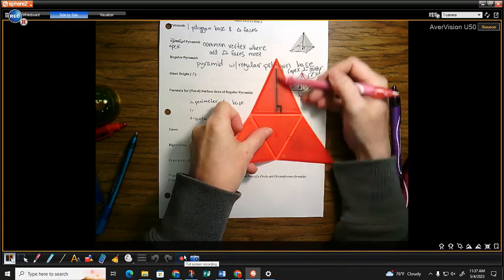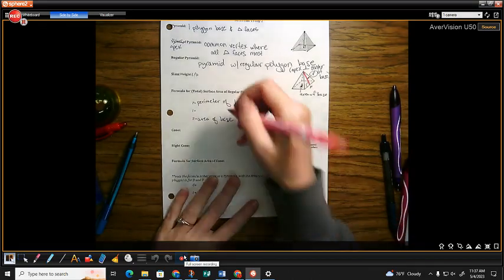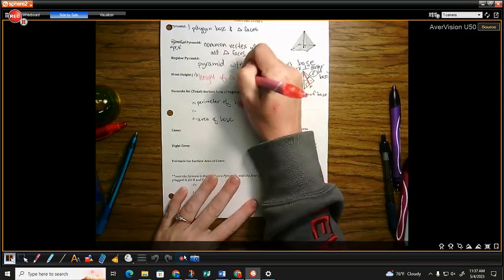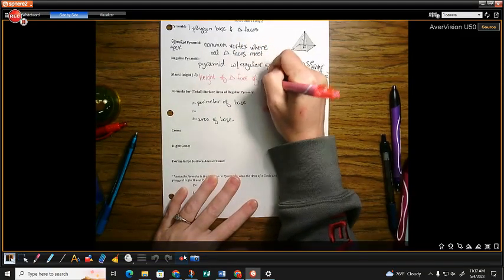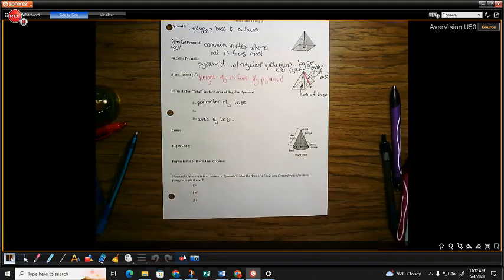It's just that perpendicular height down the middle of the face. So slant height is the height of the triangular face of a pyramid. And if it's a nice regular right pyramid, they should all be the same.